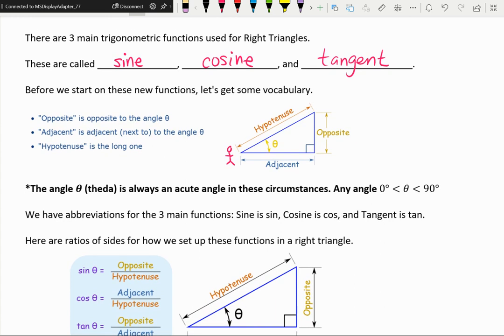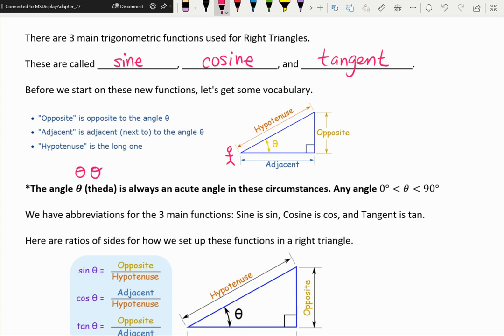All right. So this symbol here on my diagram is called theta. It is a Greek letter. You might see it written the way it's typed here, more straight across, or you might see it more swirly, more italicized looking, but they mean the same thing. Theta is always going to be an acute angle for our circumstances.